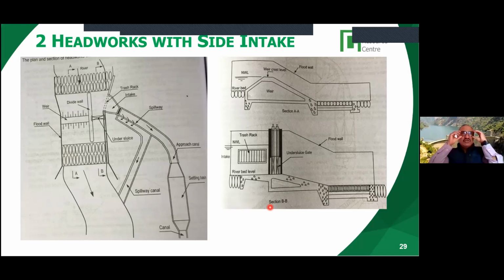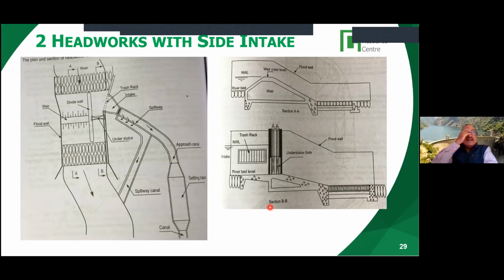I will introduce you to some fluid mechanics and hydraulic concepts that need to be understood when you design the headworks, the intakes, and other components of a micro hydro project.